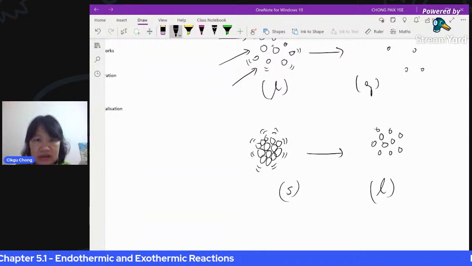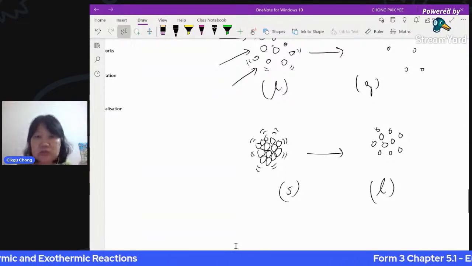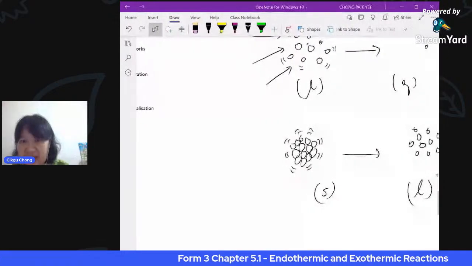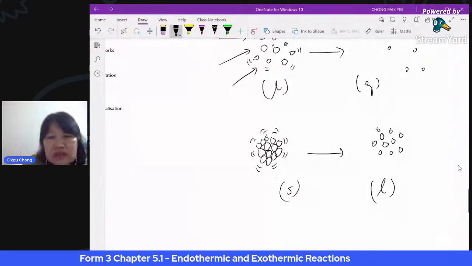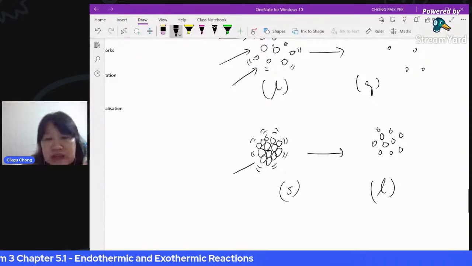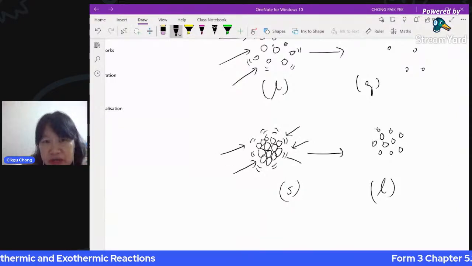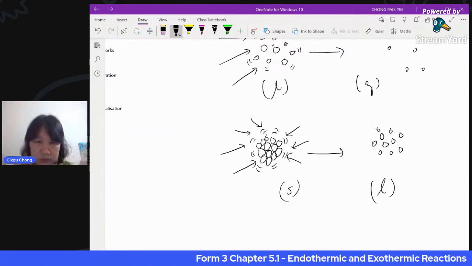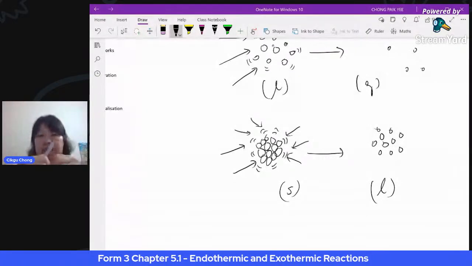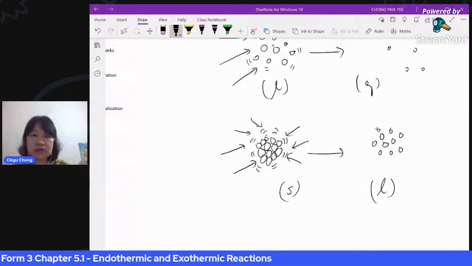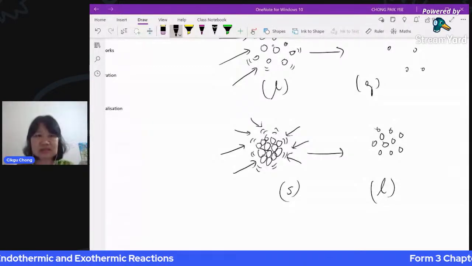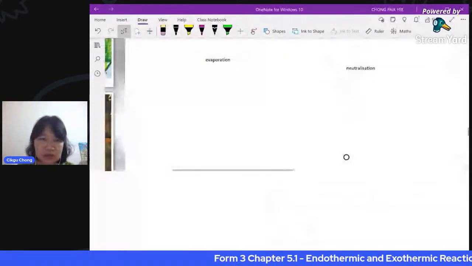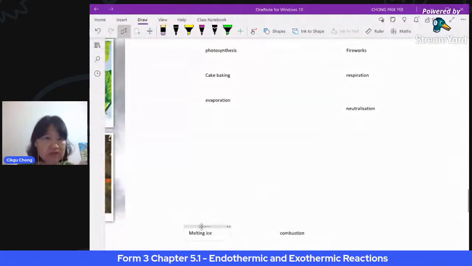It has to move faster, right? Yes, because in order to move faster, it has to absorb energy. No energy, how to move faster? So it's going to push and push until it becomes further away. So it already formed liquid. So this one also absorbs heat. So melting ice is absorbing heat, so it is endothermic. So a lot of things can make sense if you look at it one by one.